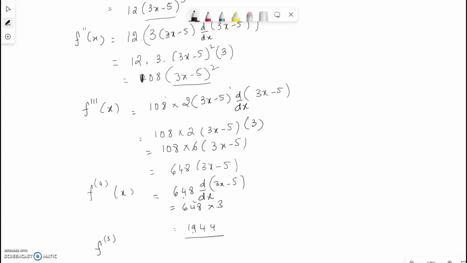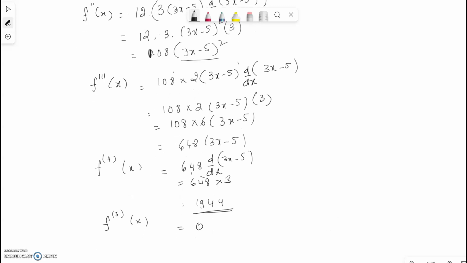Now the fifth derivative. Notice that we started off with a polynomial and we kept finding higher order derivatives, and now we are at the fifth derivative. And what we have here is a constant, which becomes 0. So if we differentiate a polynomial multiple times, at some point the derivative of the polynomial is going to become 0.